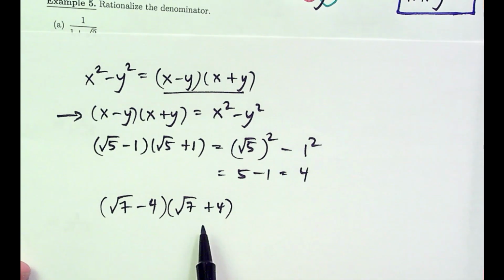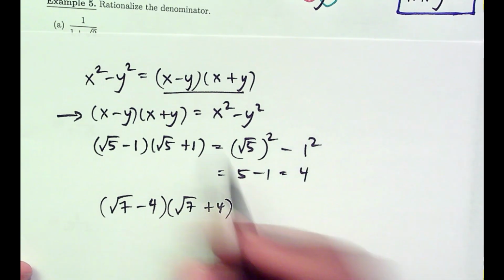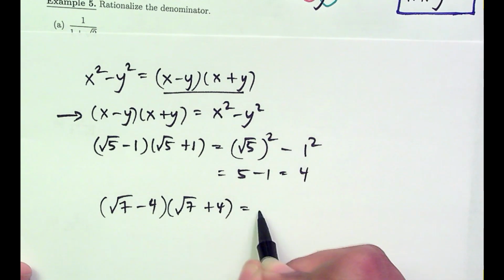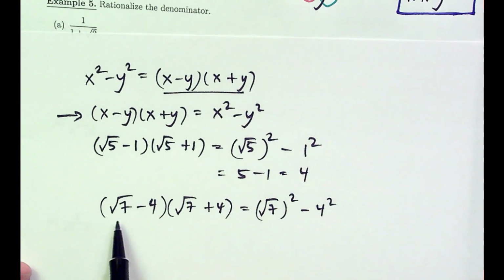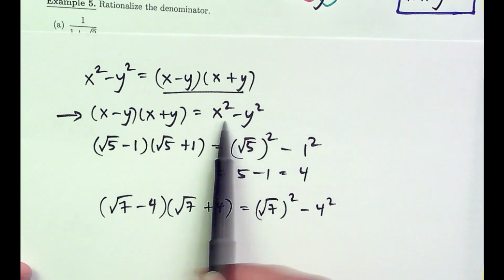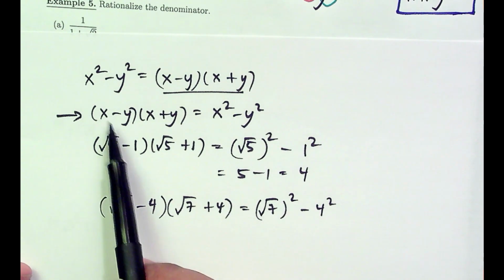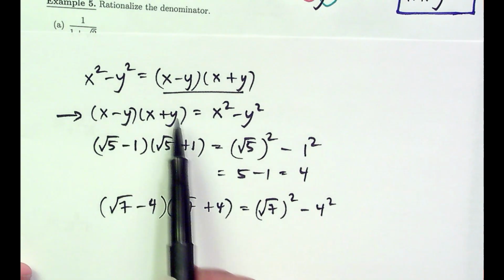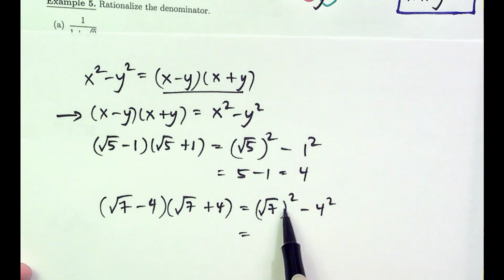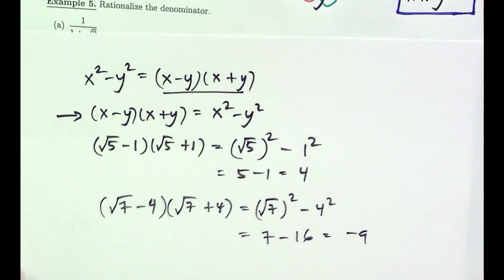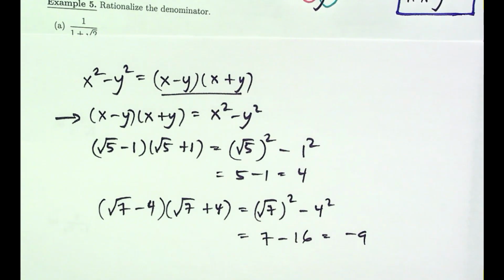So if you multiply by the same thing with the sign in the middle changed, this formula tells me that this would be the square root of 7 squared minus 4 squared. That's what this formula tells me, x squared minus y squared. That's the result of multiplying these two things. And that gets rid of the square root, because square root of 7 squared is just 7, and then this is 16. So the answer would be negative 9 for that product.